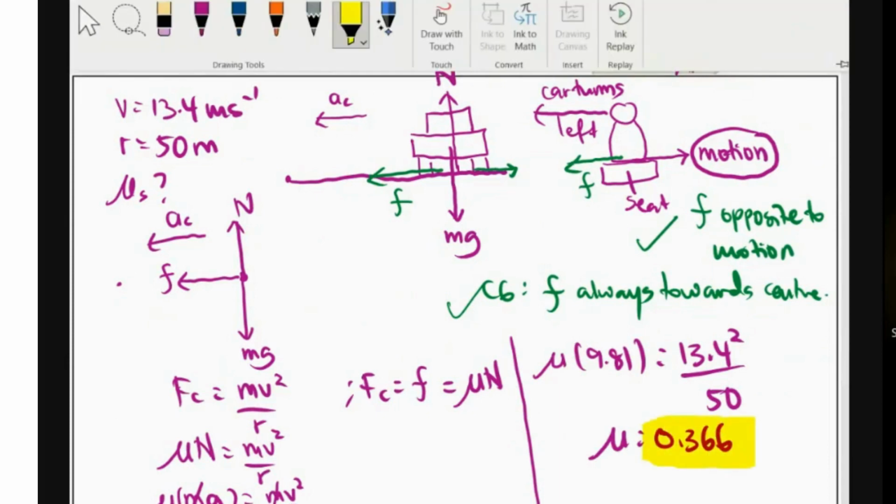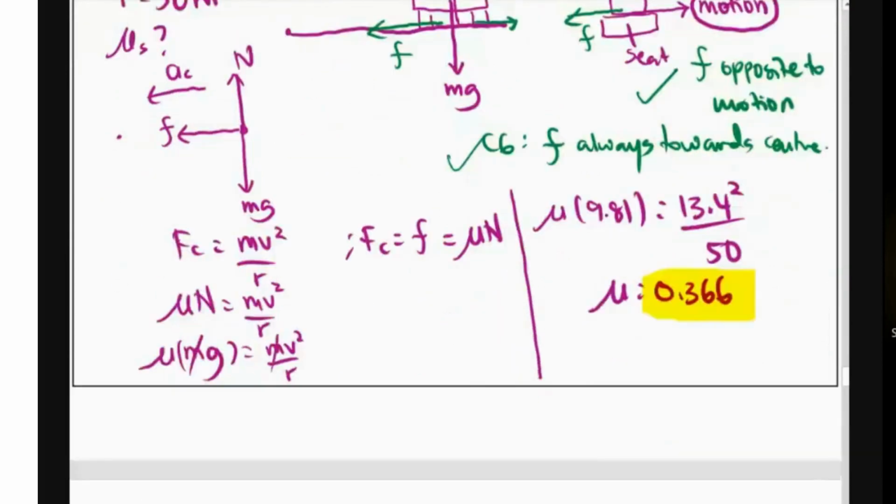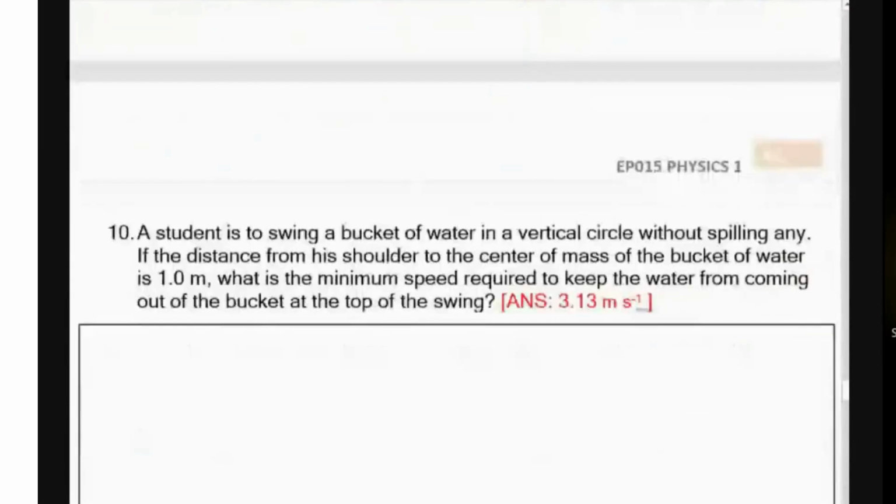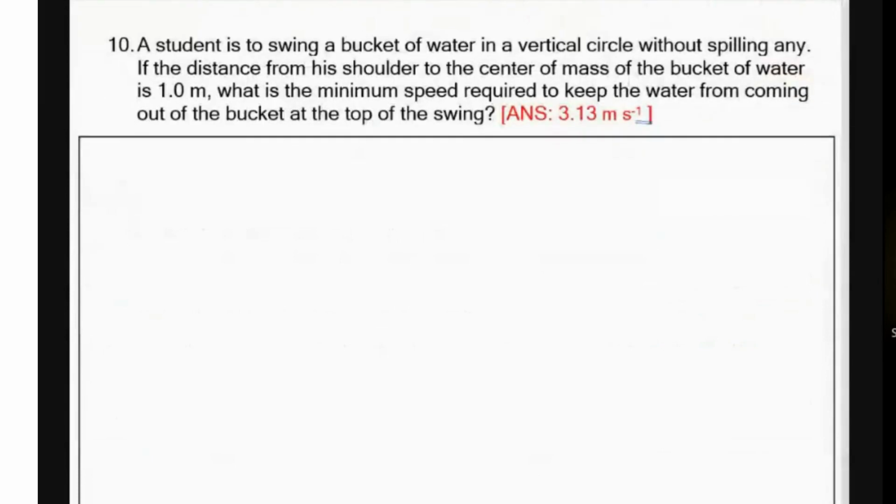Okay, next we proceed to question 10. A student is to swing a bucket of water in a vertical circle. So let's draw the vertical circle without spilling any water. Okay, so it's just like you are holding a bucket.